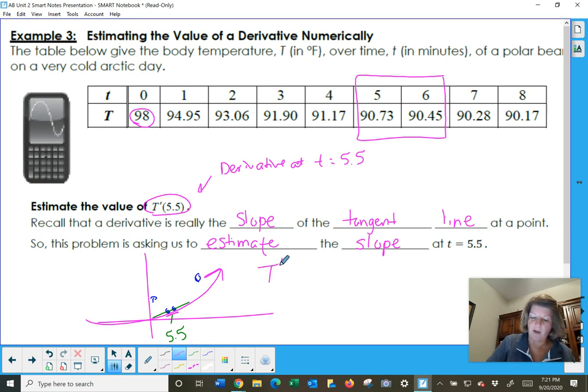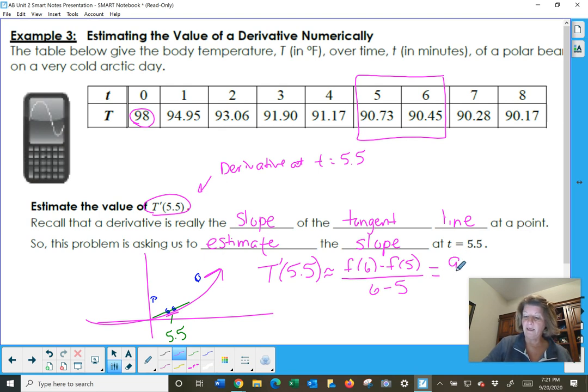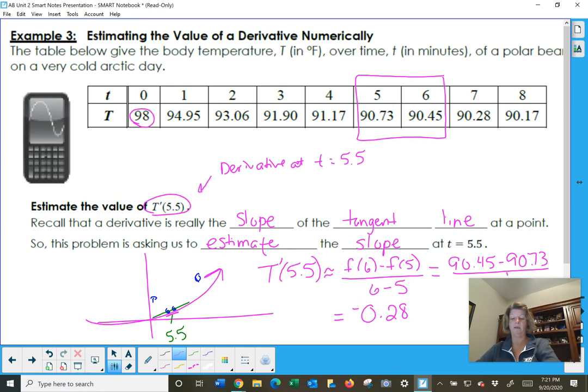So let's say T prime of 5.5 is about T of 6 minus T of 5 divided by 6 minus 5, which then turns out to be 90.45 take away 90.73 divided by 1, which turns out to be, I think I've got this calculated, negative 0.28.